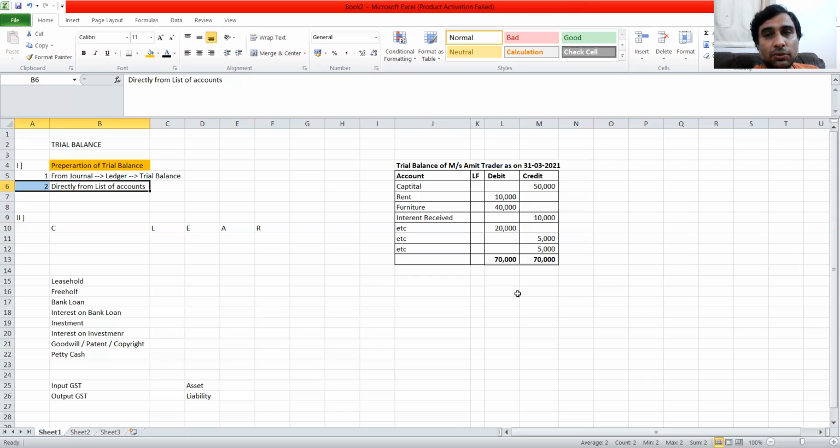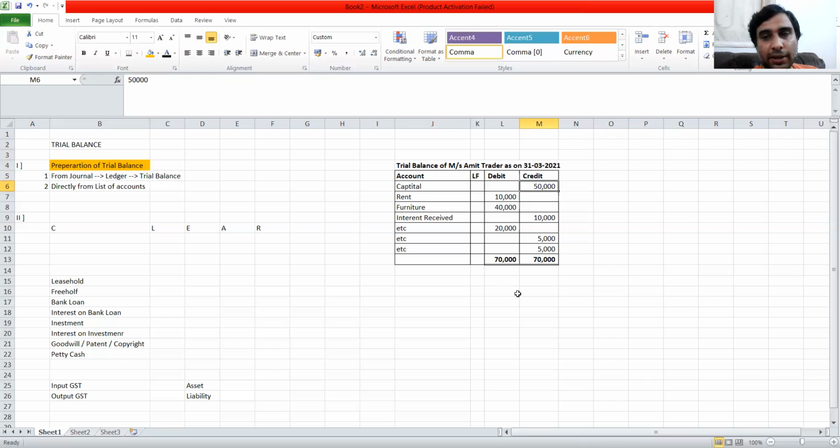Okay. So you don't need to look at the apple to find out that it is a red color. The same way, when someone tells you that it is capital, you should know it goes on the credit side. Same way, if interest received, you should know it goes on the credit side.